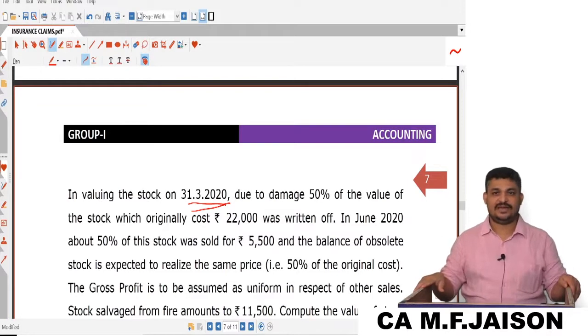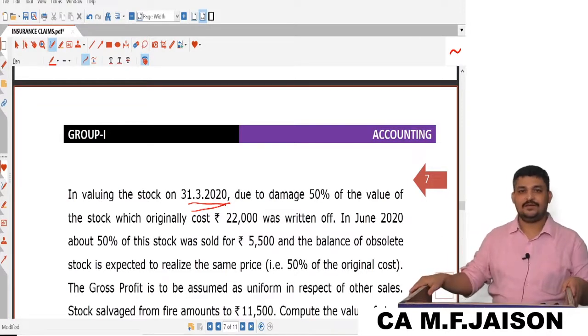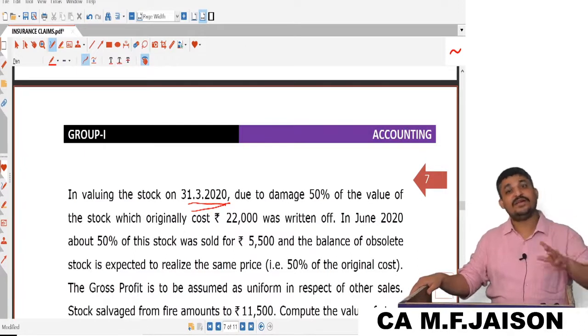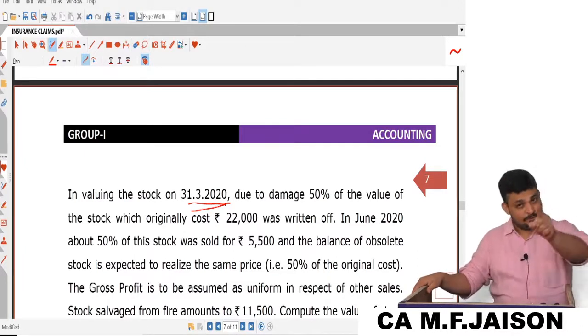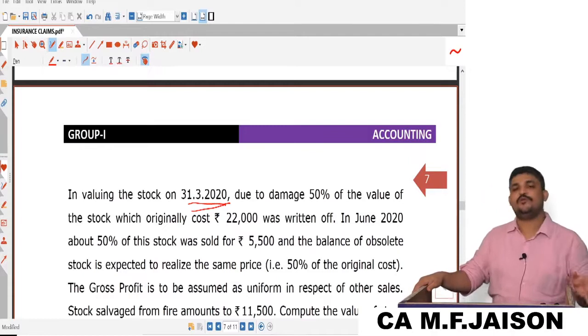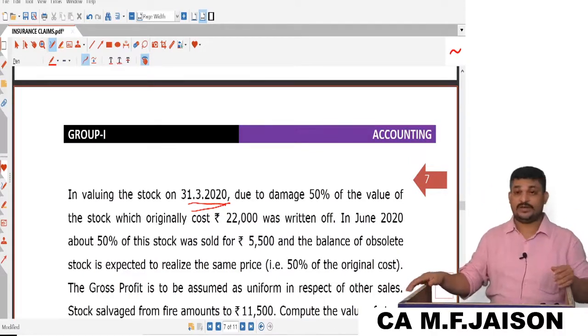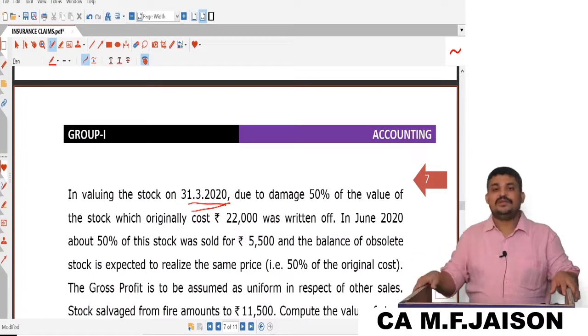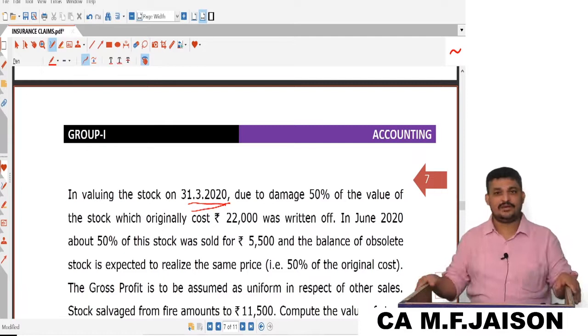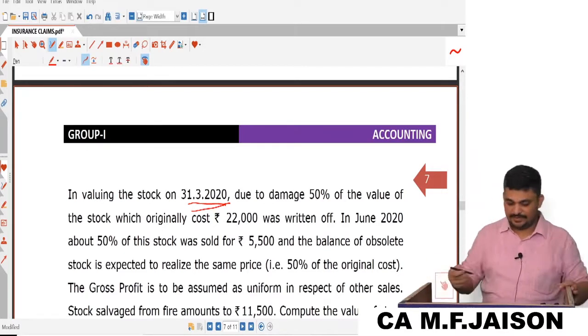Anyway, we will follow only the complete elimination approach throughout. If you follow the restoration approach, absolutely no problem; you will get the same GP. Then we will proceed to the memorandum trading account, having a normal goods column as well as an abnormal goods column, and complete this question.